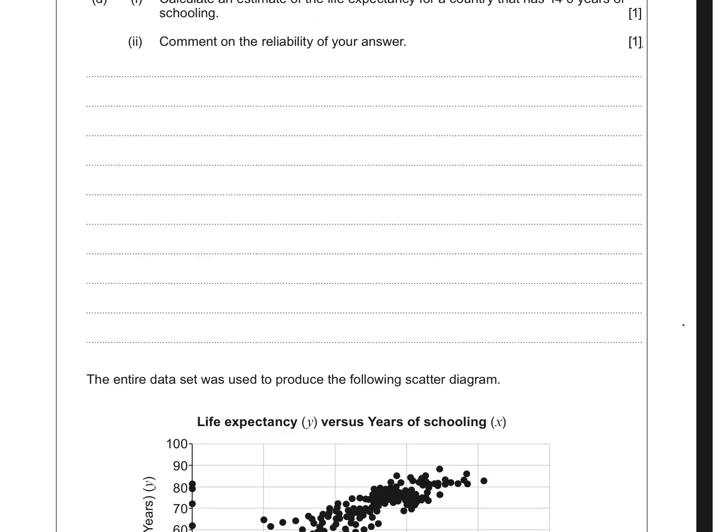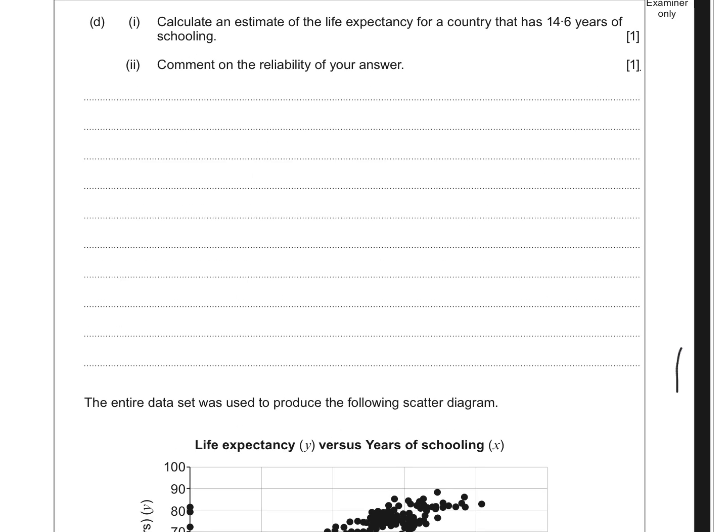Okay, let's get that question in there. Calculate an estimate for the life expectancy. So it's an estimate because we're using the equation of the regression line, and not every point of data fits on it perfectly, so it is just an estimate.